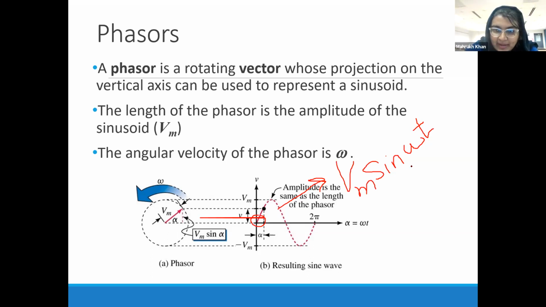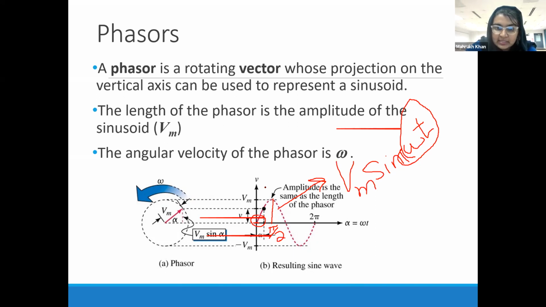So this is omega t, which is our argument here, right? We are saying that when your omega t is 0, your Vm sine omega t is also 0. When this is maximum here, let's say this is pi by 2, then your Vm sine pi by 2 is Vm, which is giving you the maximum value.